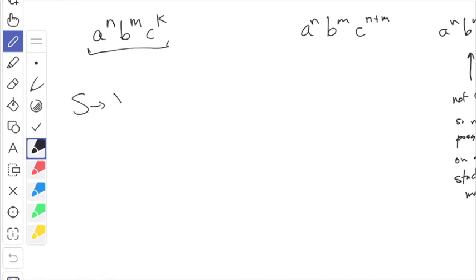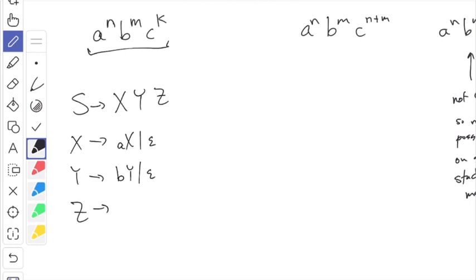Or I don't think you need or epsilon. Maybe. And then X goes to aX or epsilon. Now you need the or epsilon. And then Y goes to bY or epsilon. Great. cZ or epsilon. Excellent. Yeah, so this is a good grammar for that first one.